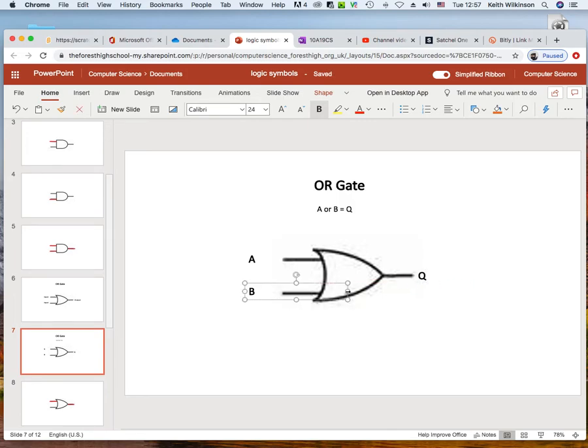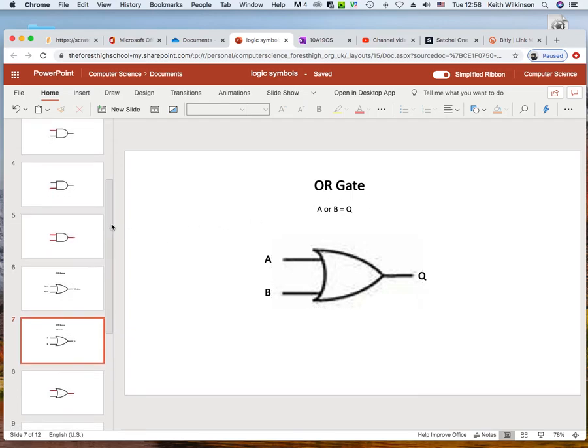That's that job done. I've labelled the diagram, which you would be expected to do when you're drawing them, and I've written down the equation for the gate. So this says A OR B equals Q.